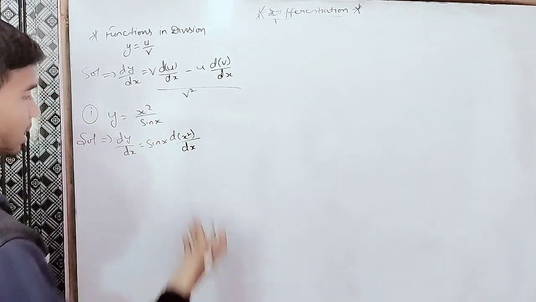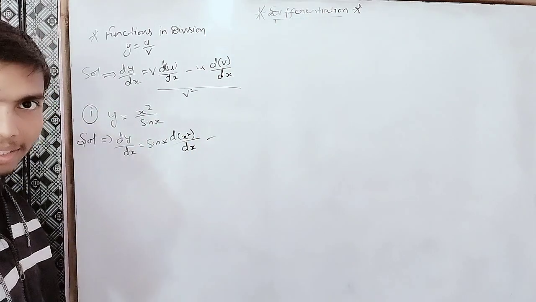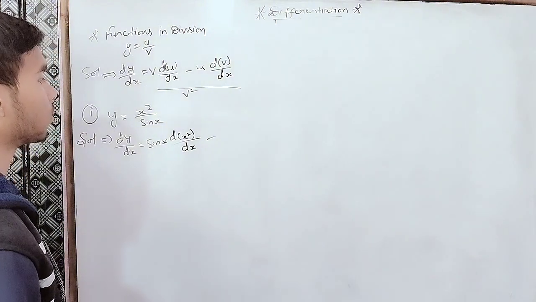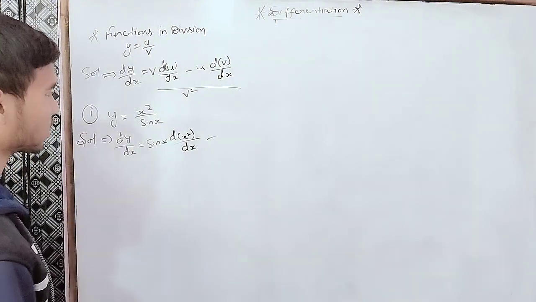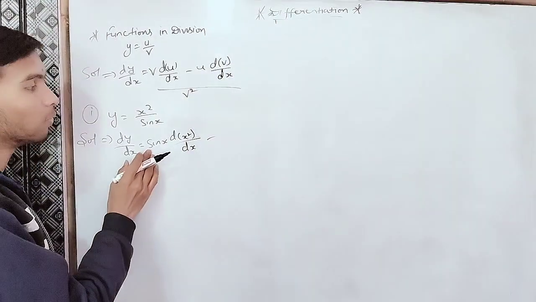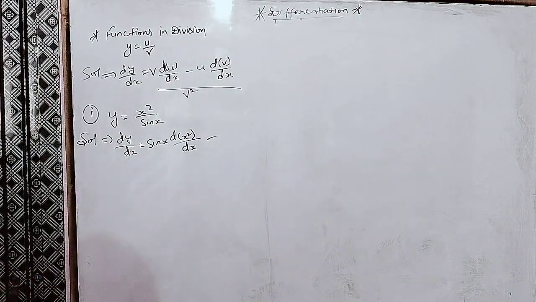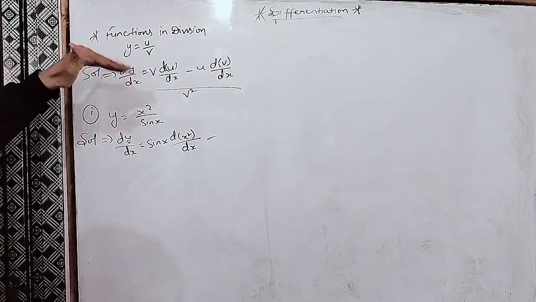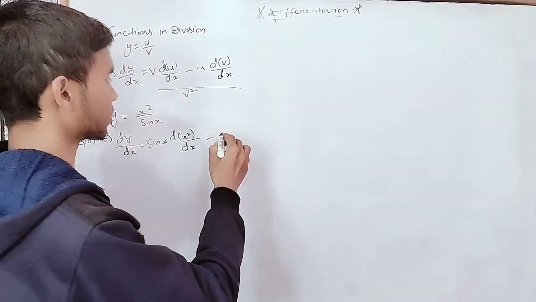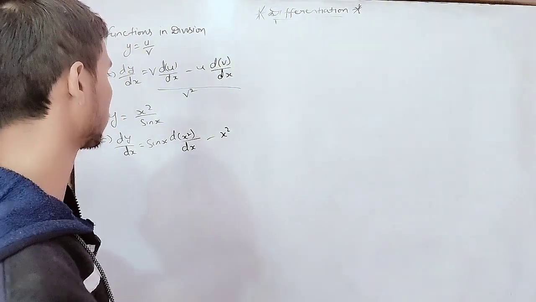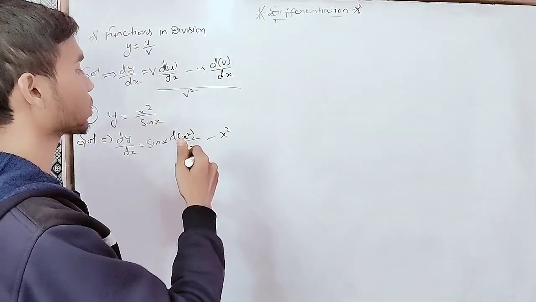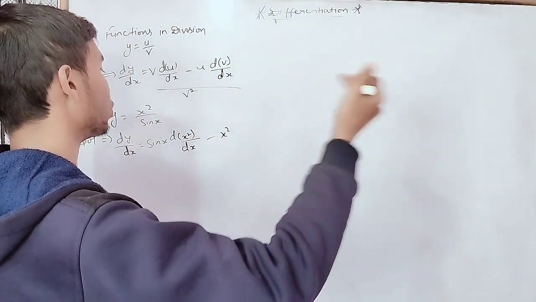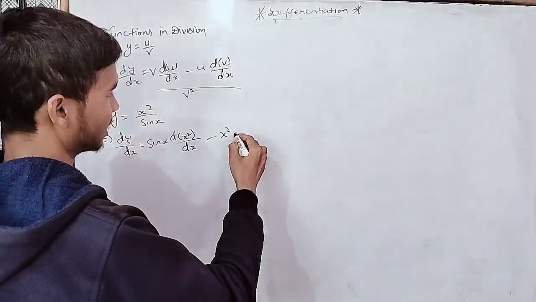It is in division, that's why we are giving subtraction here. Now we are going to put the upward function, which is x square, and the downward function we would differentiate. Okay, got it?